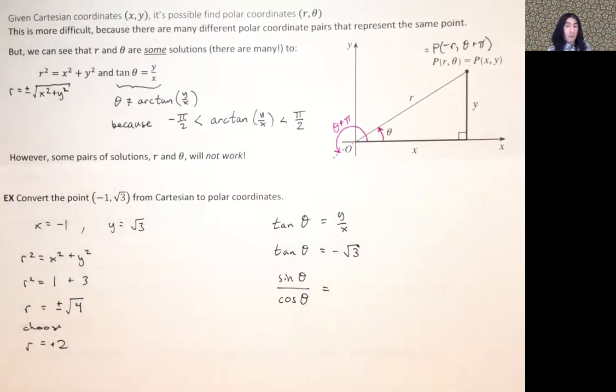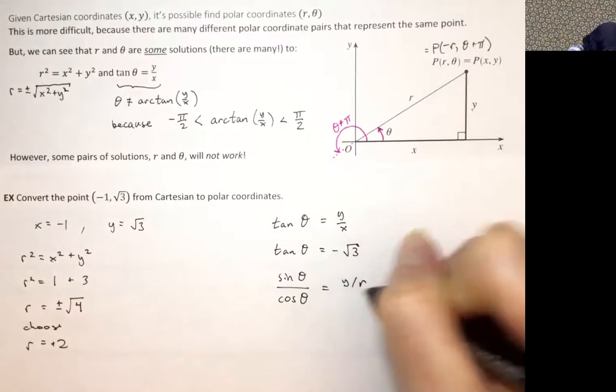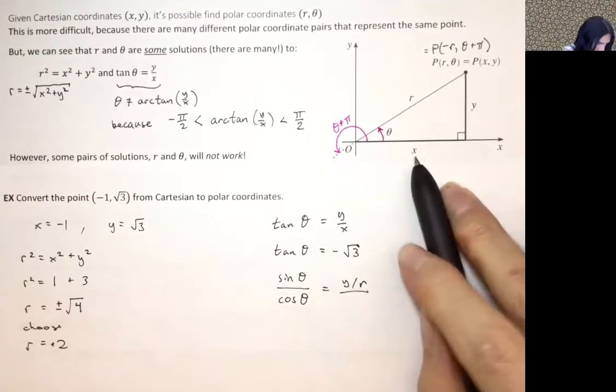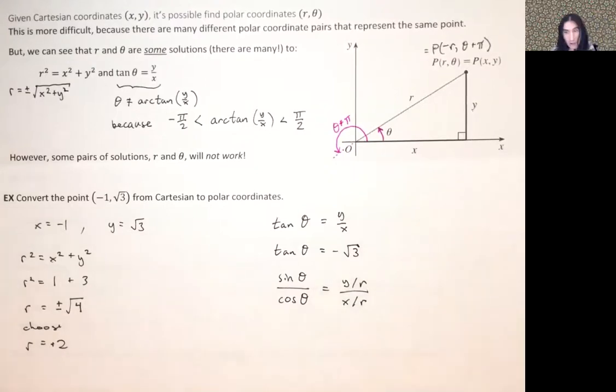And remember that sine is actually the opposite side divided by the hypotenuse, so y over r. And cosine is actually the adjacent side divided by the hypotenuse, x over r. So for instance, we would be wanting a pair that solve these two equations when r is equal to +2.